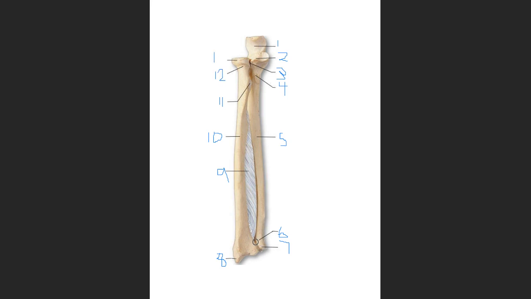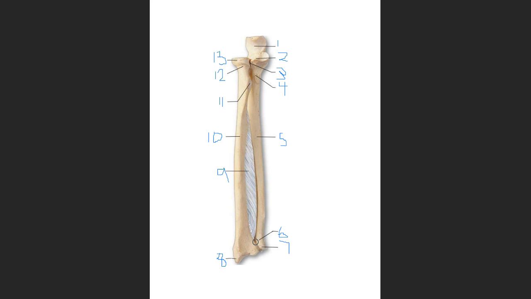All right, so number six is going to be the distal radioulnar joint. Yes, sir. Number seven is going to be the ulnar head. And then number eight would be the styloid process of the radius.